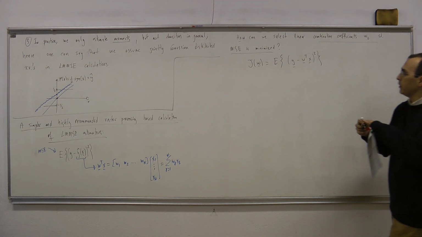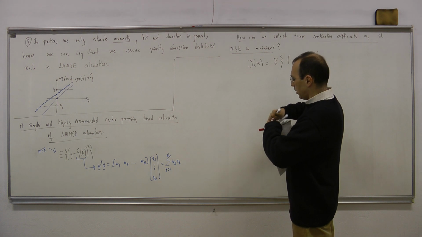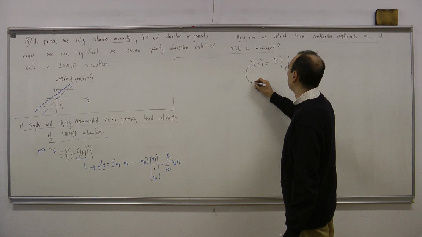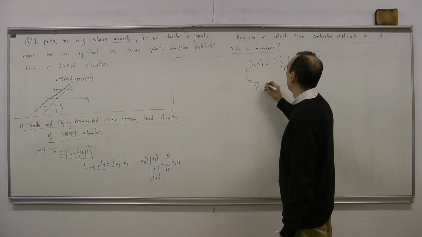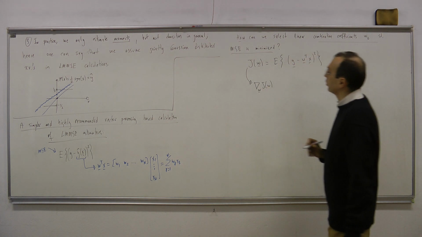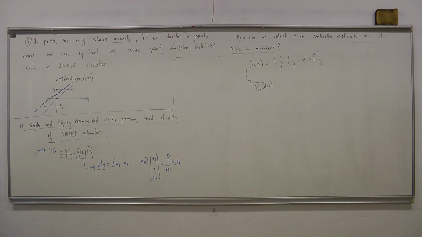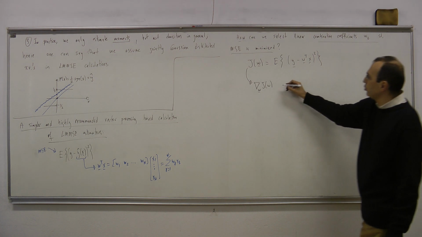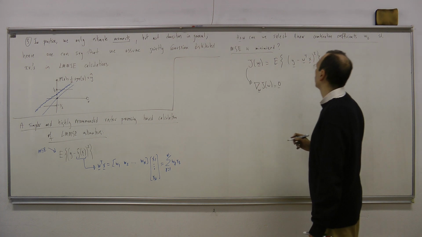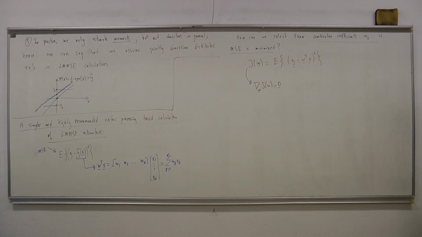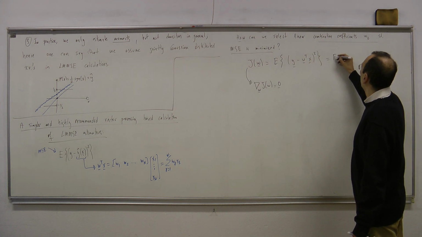So how should I calculate this? Now, if I take the gradient of J of W with respect to W, and equate it to the zero vector. So how can I do this? Okay. So again, I'm considering this.